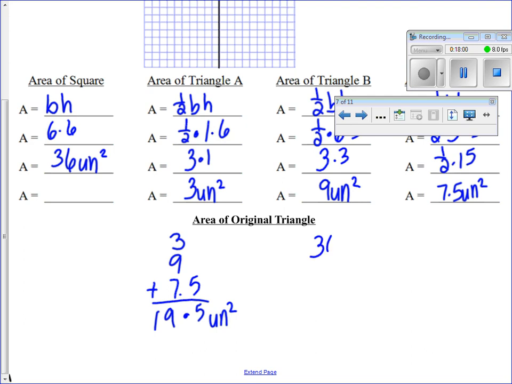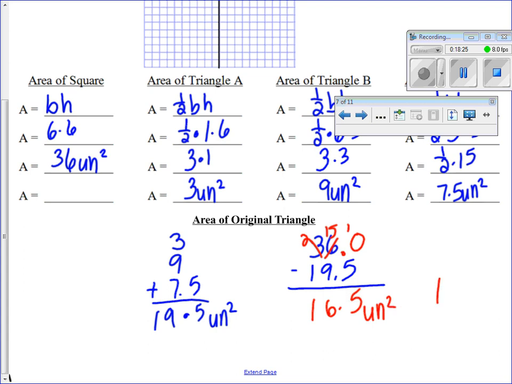So if the square was 36 minus the extras that we created when we boxed it out and made it bigger, remember you cannot just drop down that 5. You have to add that 0 so that you can regroup. So your answer is 16.5 units squared.